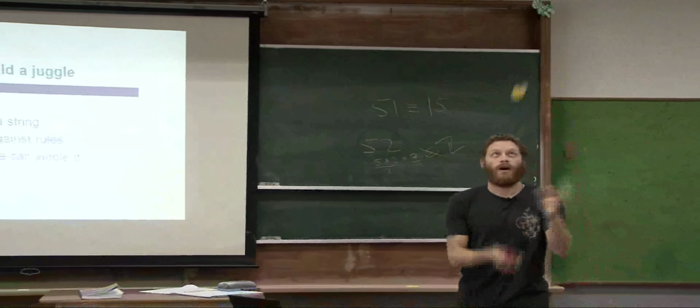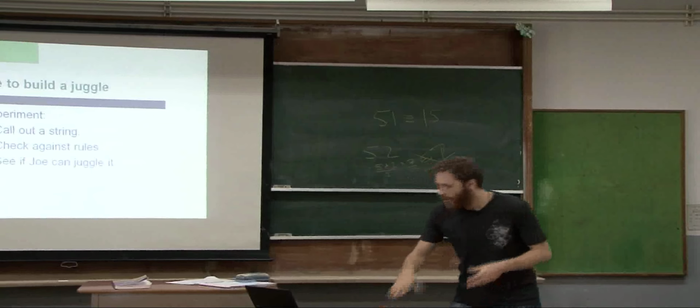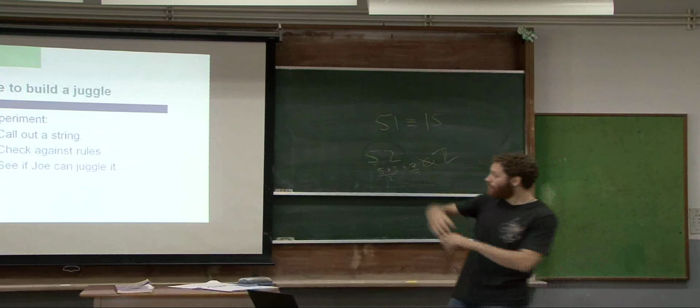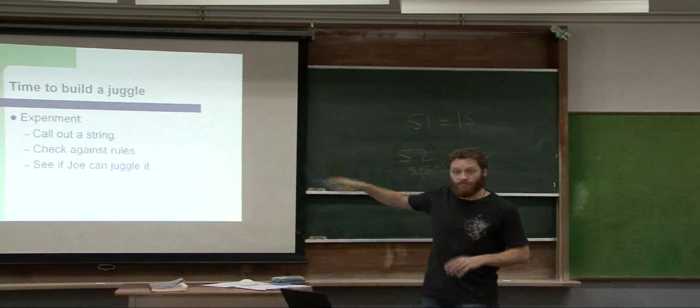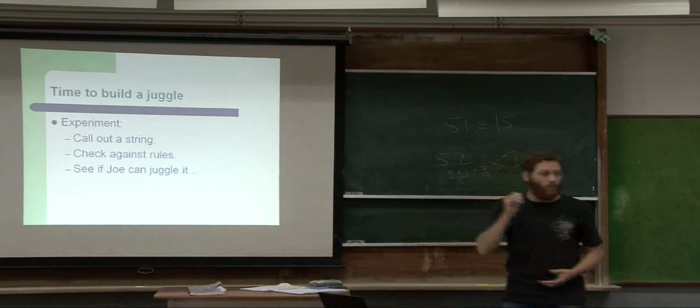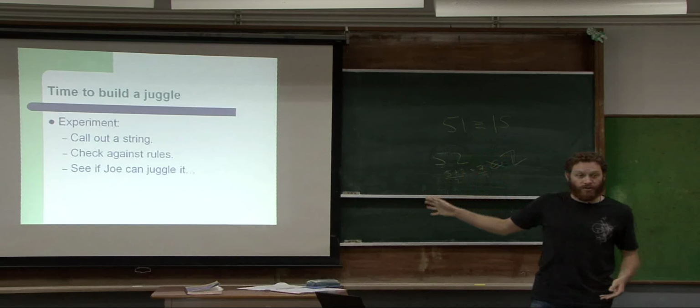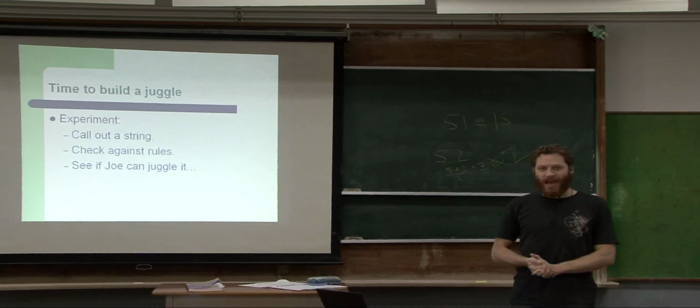But a lot of the time I come up with new patterns simply by trying to generate them using this procedure, because now I have a well-established mathematical procedure for producing these new juggling patterns.